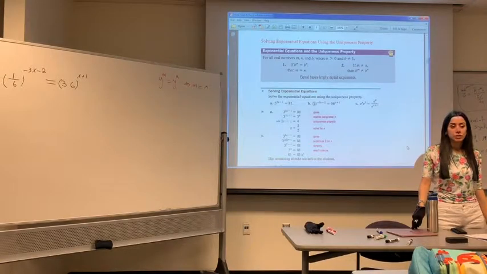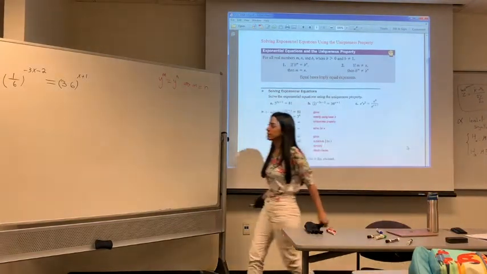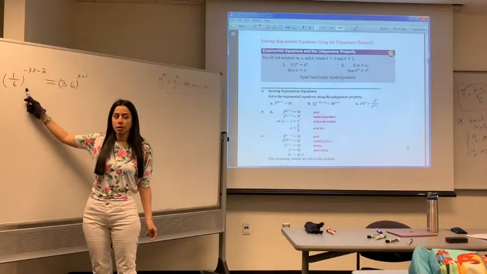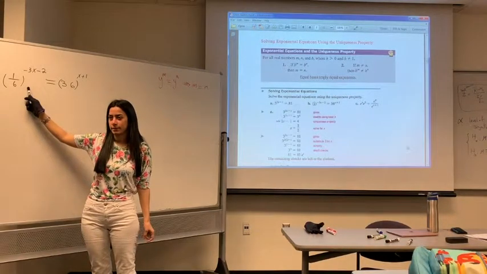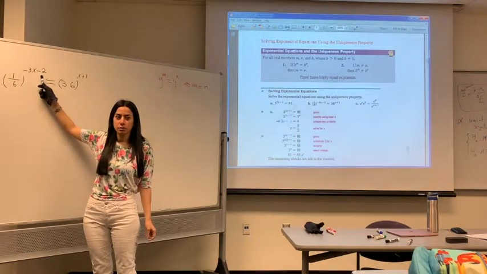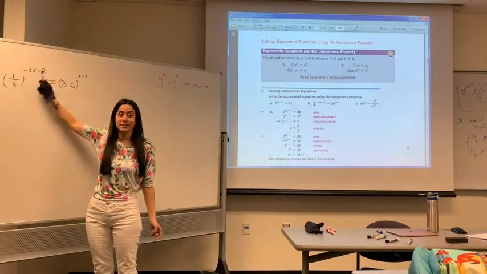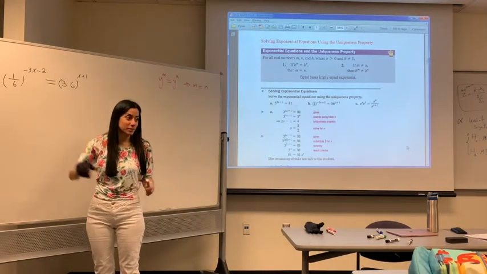So the first thing we do here is to have the same base on both sides, right? Yes. We will start with 6 because we have 1 over 6 here, right? Yeah. So if I change this 1 over 6 to 6, what happens to the power? What is that? Exactly. It will have another negative sign outside, so everything becomes positive, right?